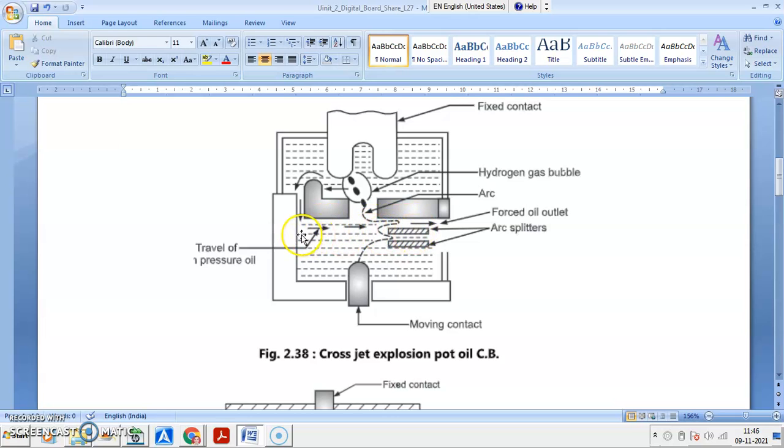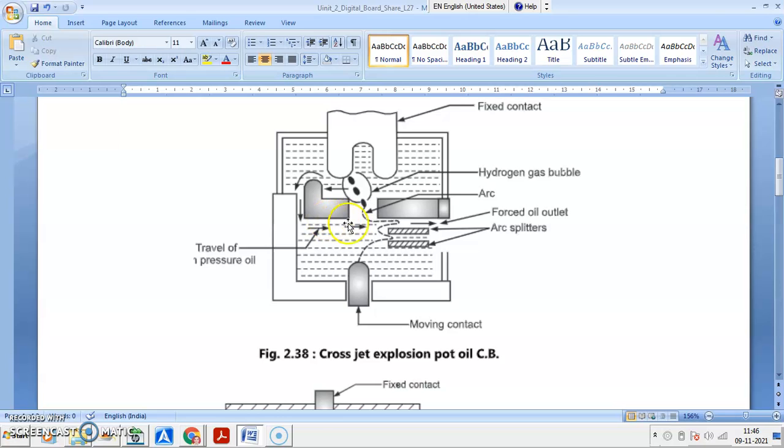In crossing with the arc there is high pressure oil travel. This is called a cross jet. The oil in the lower section is fresh oil that travels with high pressure in the direction crossing the arc.